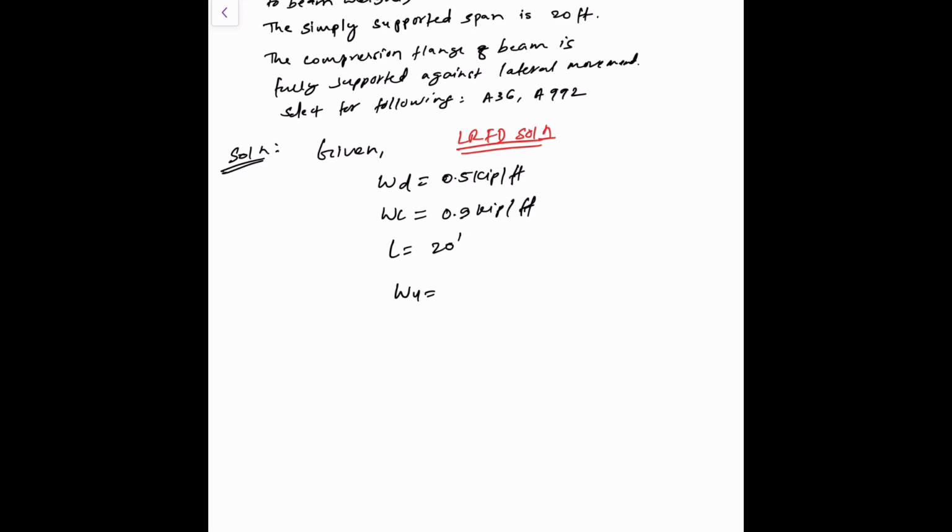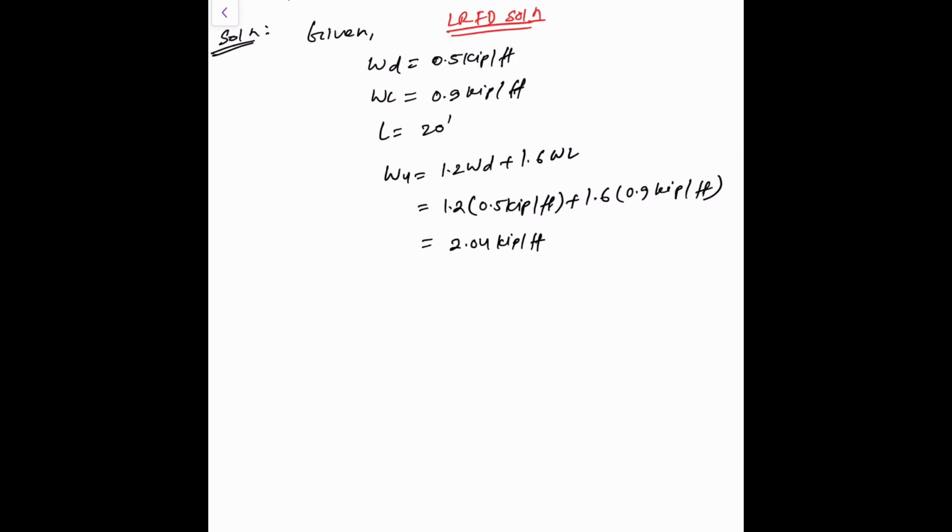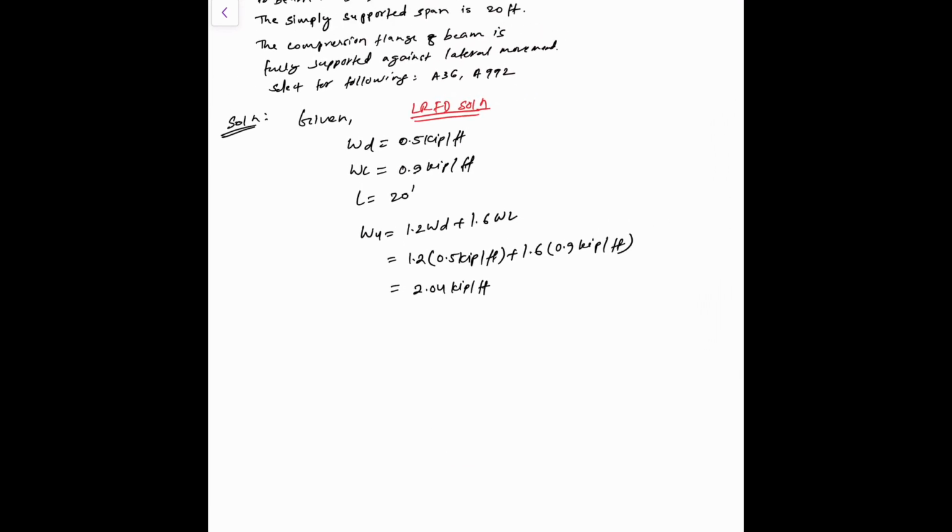The load combinations for LRFD are given in the AISC 710 manual. 1.2 WD plus 1.6 WL governs this solution. So 1.2 times 0.5 kip per foot plus 1.6 times 0.9 kip per foot gives the ultimate load of 2.04 kip per foot.